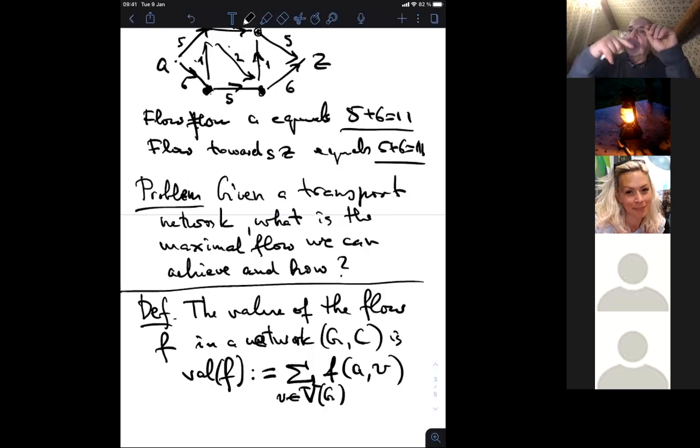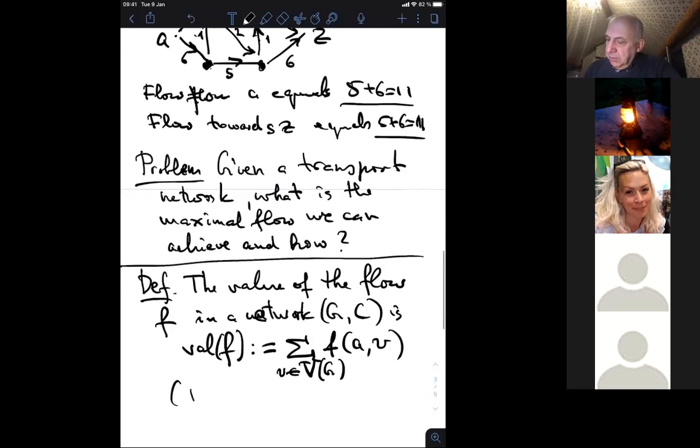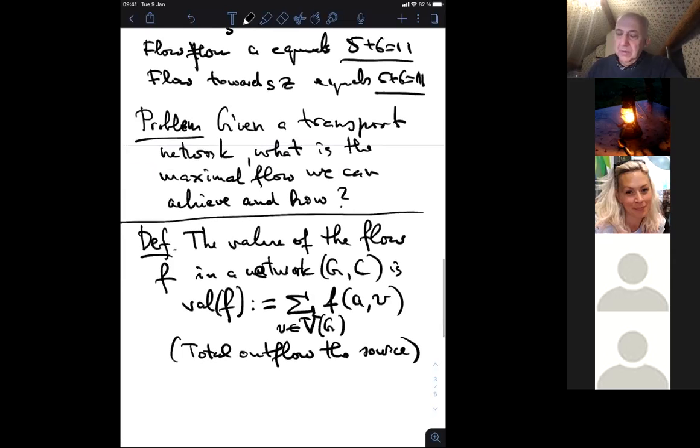There are no incoming edges, so all edges are outgoing, and we're counting the total outflow from the source. Fairly natural notion.